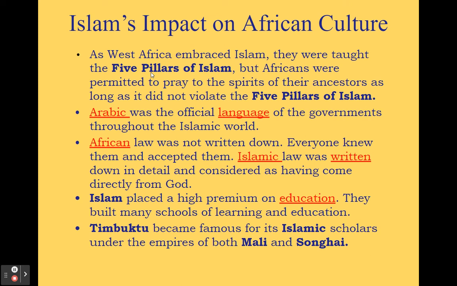So, Timbuktu is important, Djenné is important, Gao is important, all because of the Islamic religion, the schools, and the trade routes. I want to make that very clear. They're important because of trade routes and the Islamic religion and education.